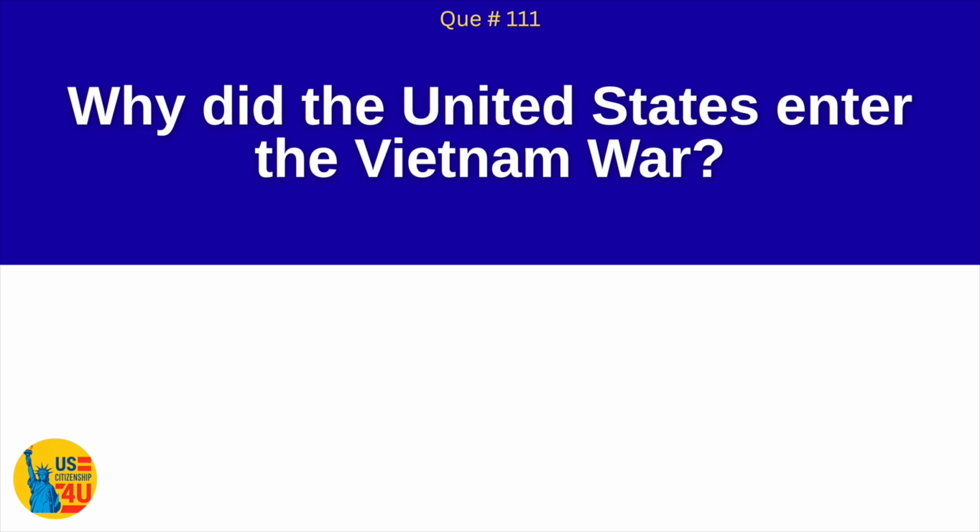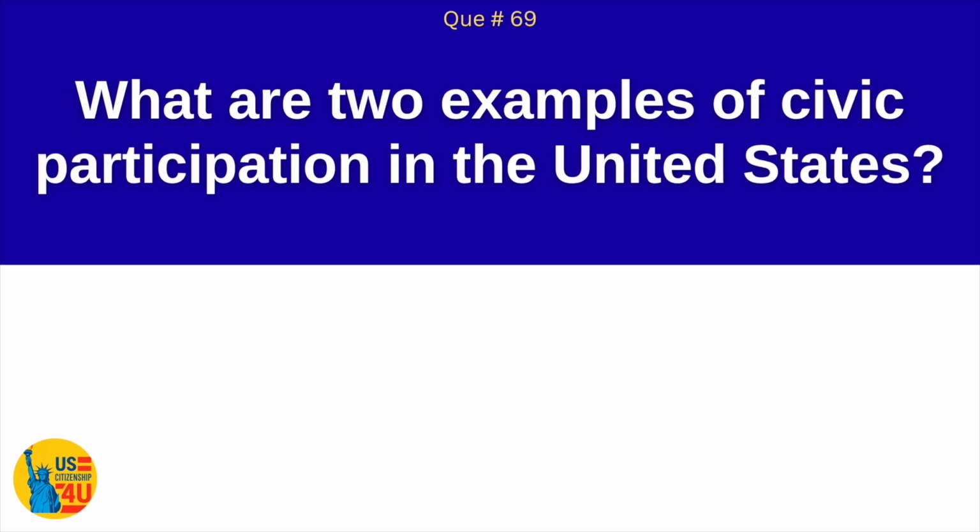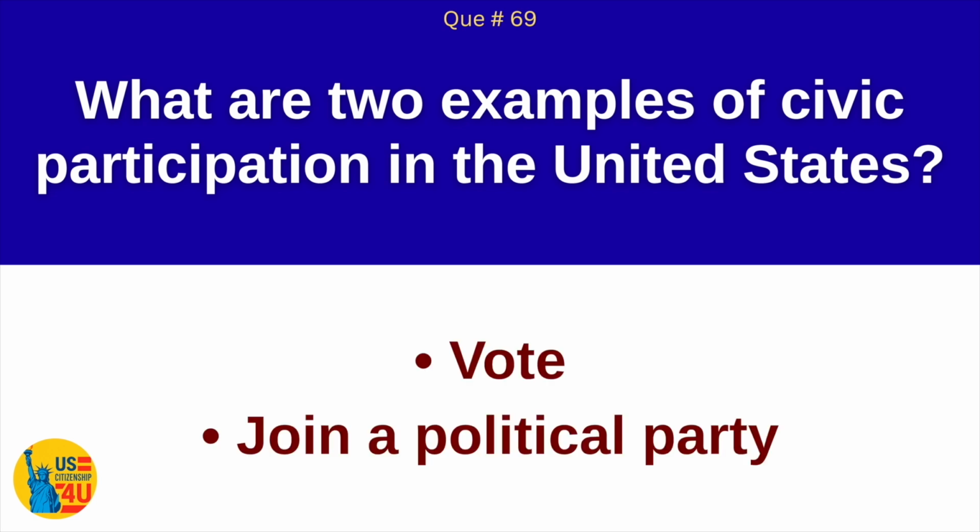Why did the United States enter the Vietnam War? To stop the spread of communism. What are 2 examples of civic participation in the United States? Vote. Join a political party.